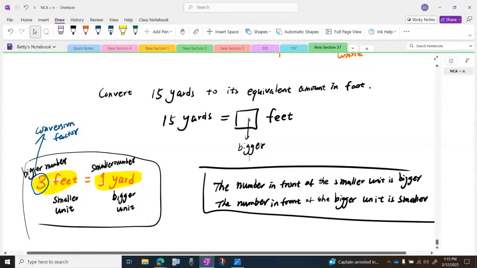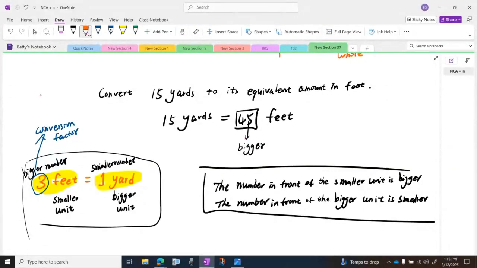So we just multiply 15 by the conversion factor. 15 times 3 is 45. We either multiply or divide by the conversion factor, and you would ask, when do I multiply and when do I divide? It depends on the situation. In this case, we want a bigger number than 15. If we divide 15 by 3, we will not have a bigger number. We have to multiply 15 by 3. We got 45. You see what I'm talking about?